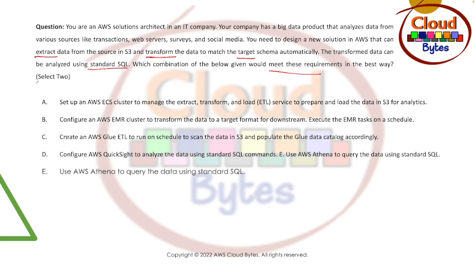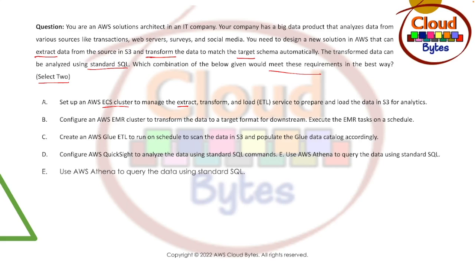So you have a requirement to get two selections here and you have 5 options. We can start looking from the first one. We know we need to extract data, we need to transform data in a given schema. So primarily it's an ETL job, which is extract, transform, and load. Set up an AWS ECS cluster to manage the extract, transform, and load service to prepare and load the data in S3 for analytics.